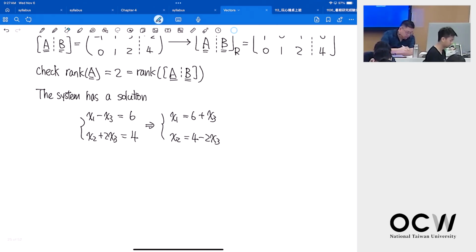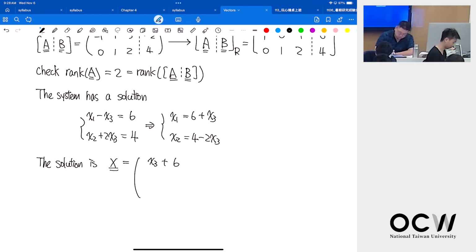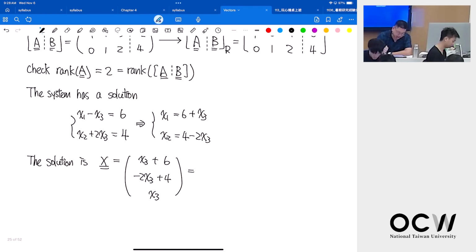Then your solution x is x1 = x3 + 6, x2 = -2x3 + 4, and x3. So we let x3 be a random scalar, say alpha, and x will be alpha times (1, -2, 1) plus (6, 4, 0).